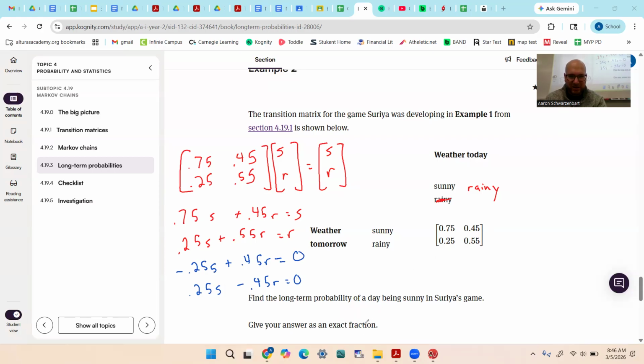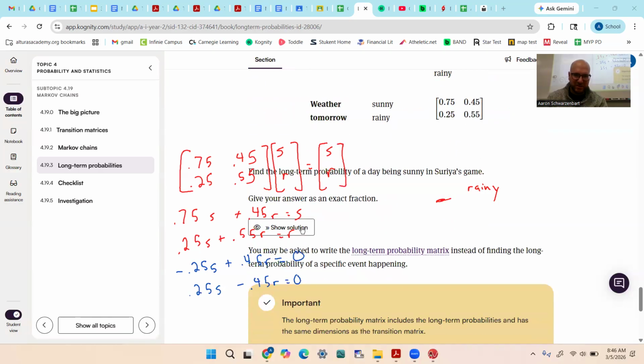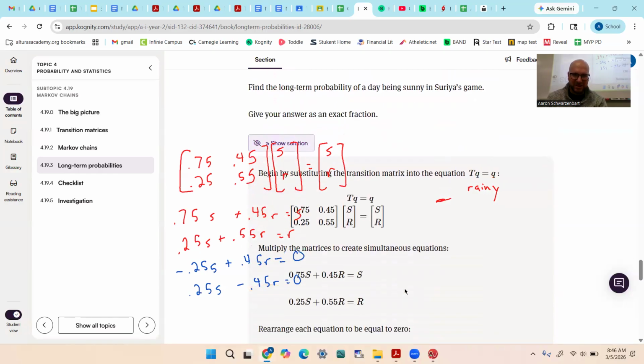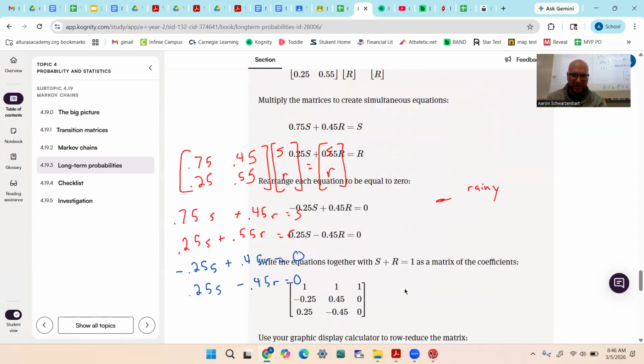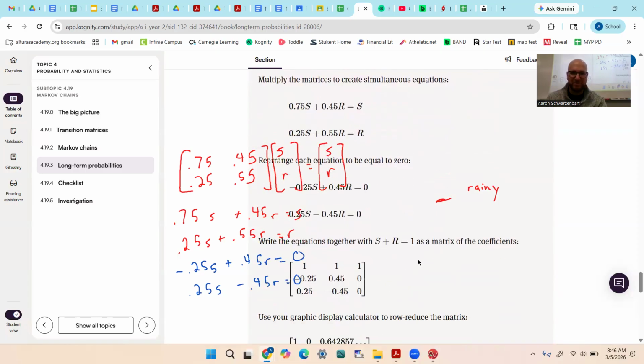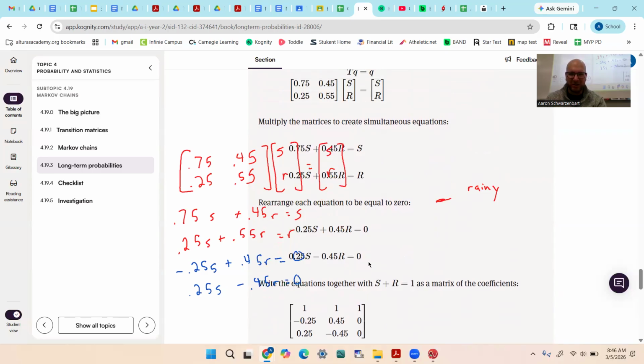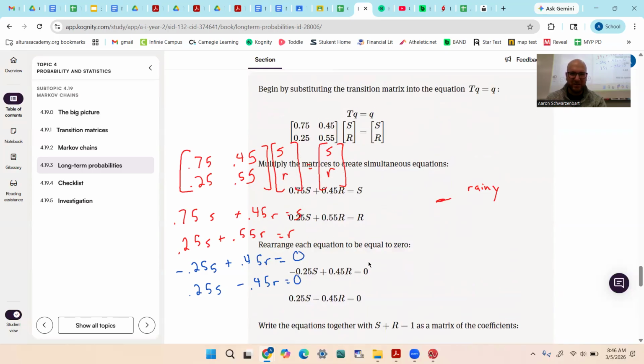And I don't, S plus R. What's our total number equation? I don't know. I can't remember. Like S plus R equals 1? 1, 1, 1. Okay. Yeah, S plus R equals 1. The sunny probability plus the rainy probability long term equals 1.